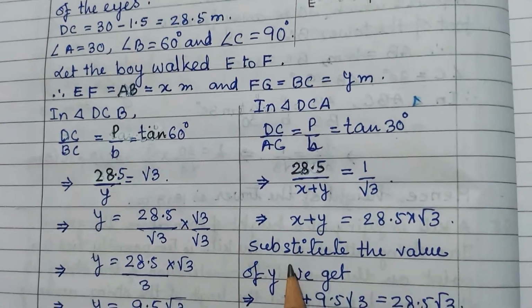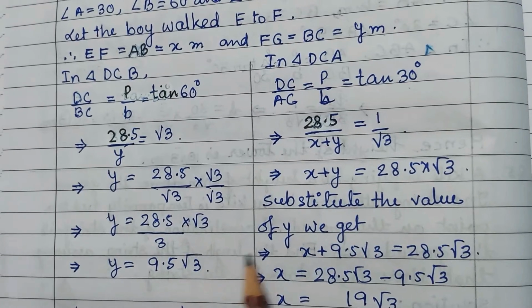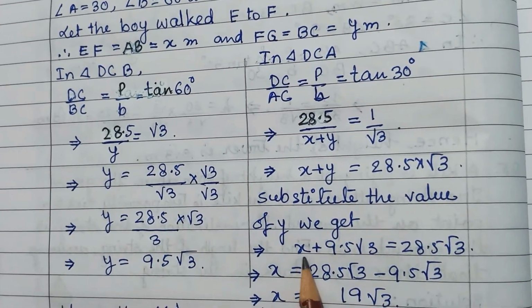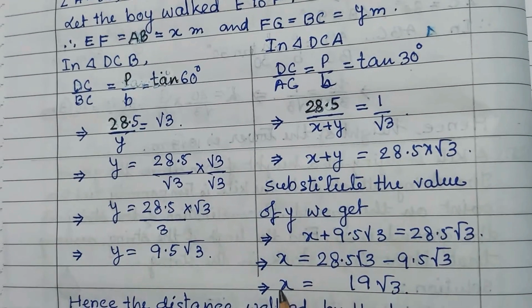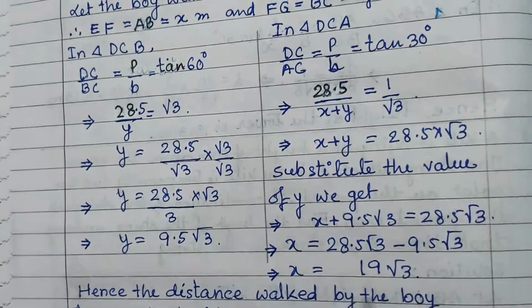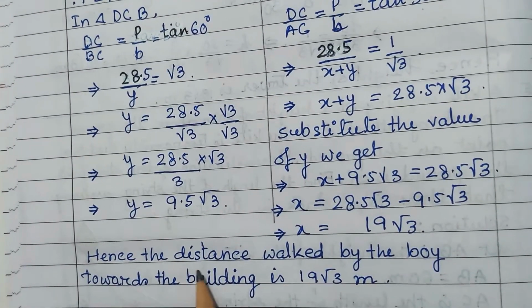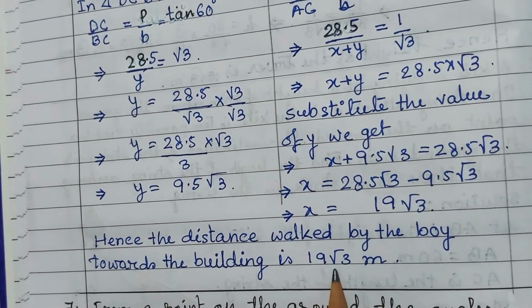Substitute the value of y: x plus 9.5 root 3 is equal to 28.5 root 3. Now x is equal to 19 root 3. Hence the distance walked by the boy towards the building is 19 root 3 meters.